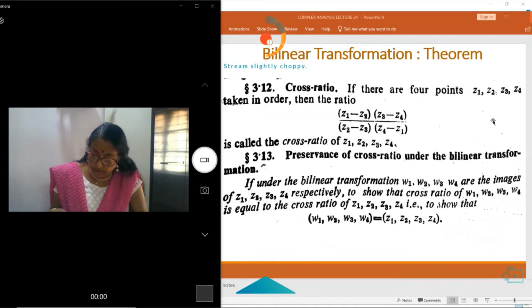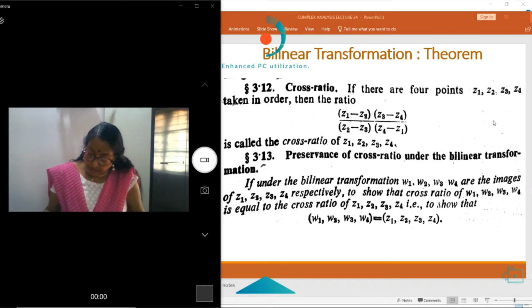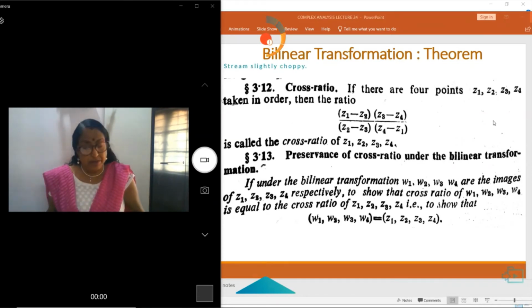Now, cross ratio. (z1 - z2)(z3 - z4) divided by (z1 - z2)(z4 - z1) is called the cross ratio of z1, z2, z3 and z4. Now, we will prove the preservation of cross ratio under the bilinear transformation.